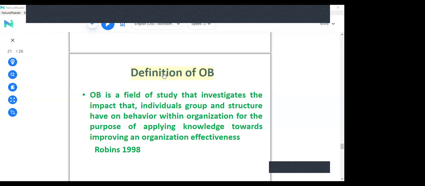When we start to investigate, do some research, or start to learn these concepts, we call it the point or the process of organizational behavior, the small and real idea about organizational behavior.